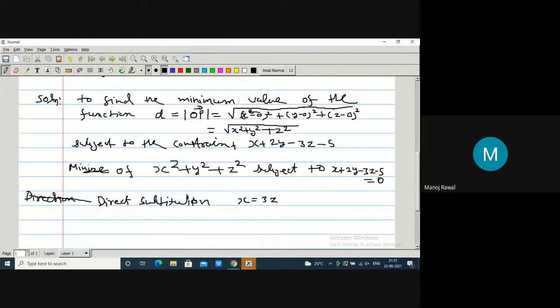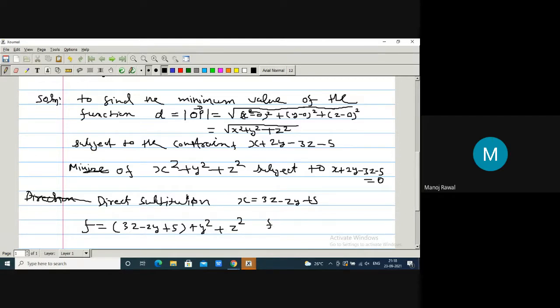X is equal to 3z minus 2y plus 5. And now we can substitute this in f. So then f will become 3z minus 2y plus 5 plus y square plus z square. Right? And now this is a function of two variables.